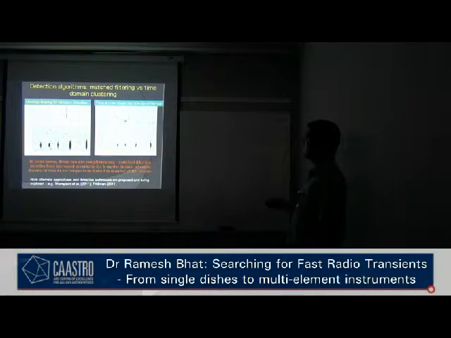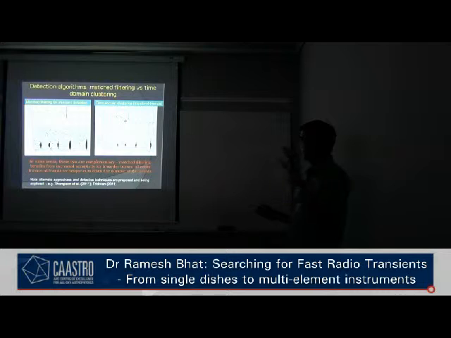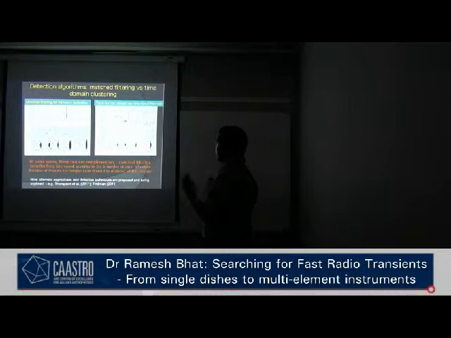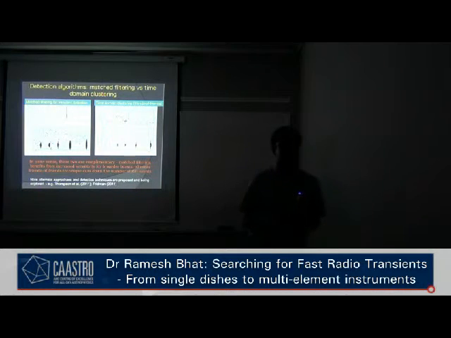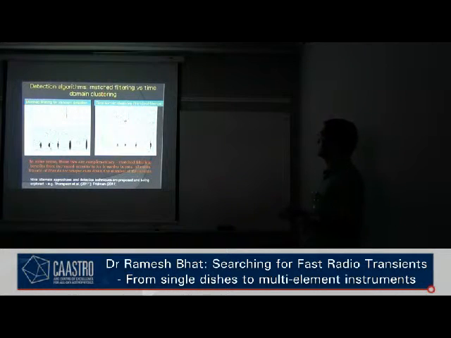Whereas when you look at the match filtering, you essentially can build up the sensitivity, at least for the broad signals. In time domain clustering, you are just limited by the sensitivity that can be provided by the sampling resolution. So in some sense, the two are complementary, and we routinely use them for any Arecibo-based searches and even for the other telescopes.